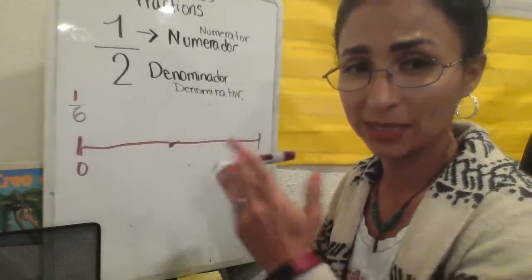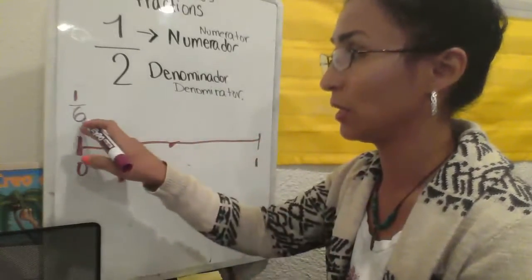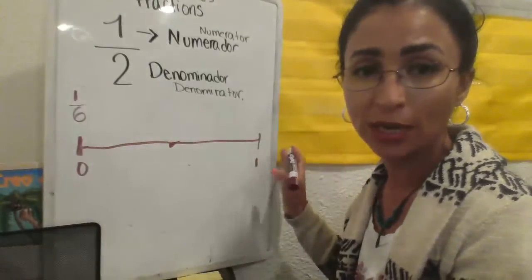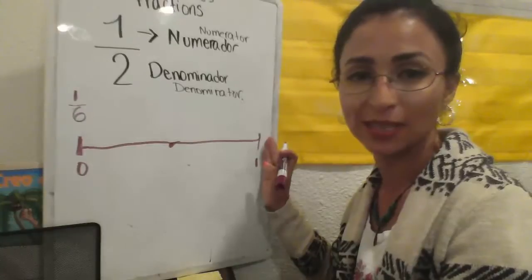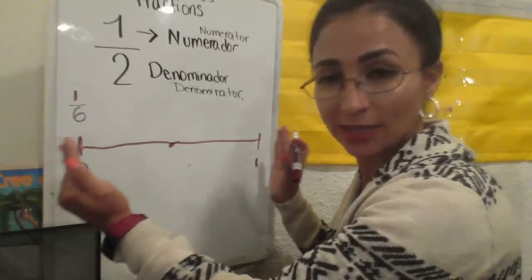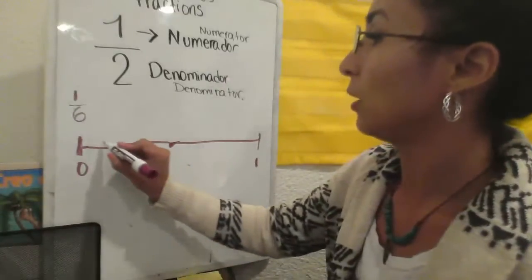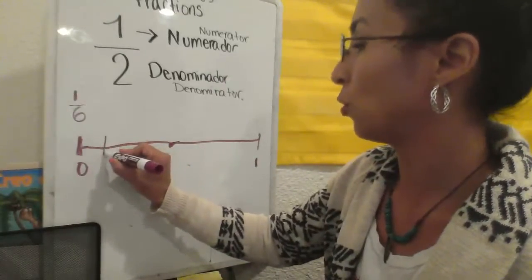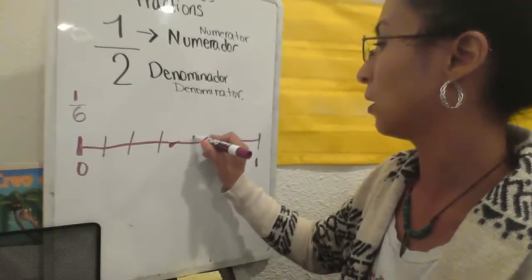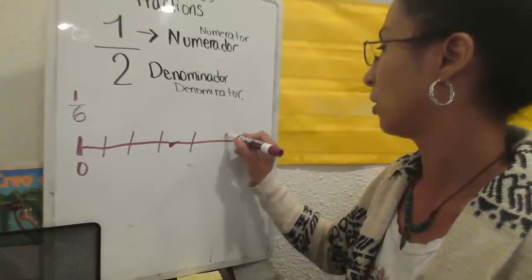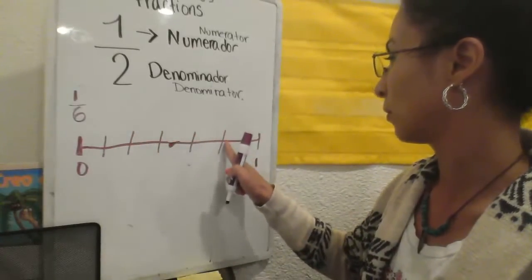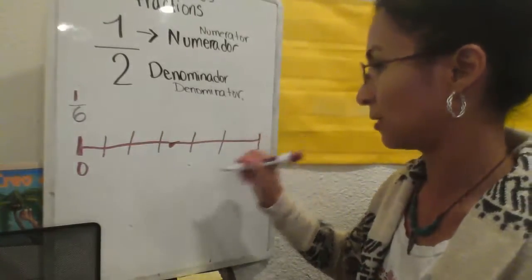Entonces, tienes que empezar a hacer las líneas, ¿verdad? Porque te están pidiendo 1 sobre 6 en la línea numérica, pero solo te están pidiendo que llegues hasta el 1, porque te están pidiendo 6 partes de un entero. Entonces vas a empezar 1, 2, 3, 4, 5, 6.